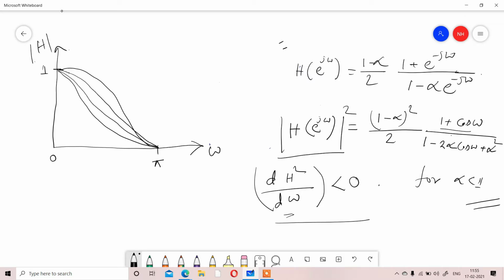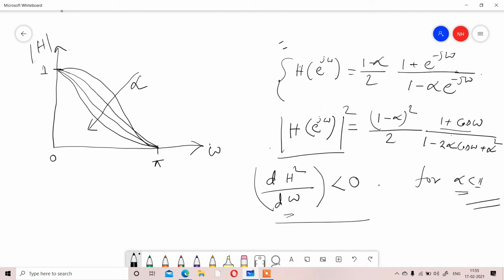Just keep in mind that this type of response you will get for a low pass filter with characteristic parameter alpha less than 1, and the characteristic curve will change, reducing the frequency response depending on the alpha value.